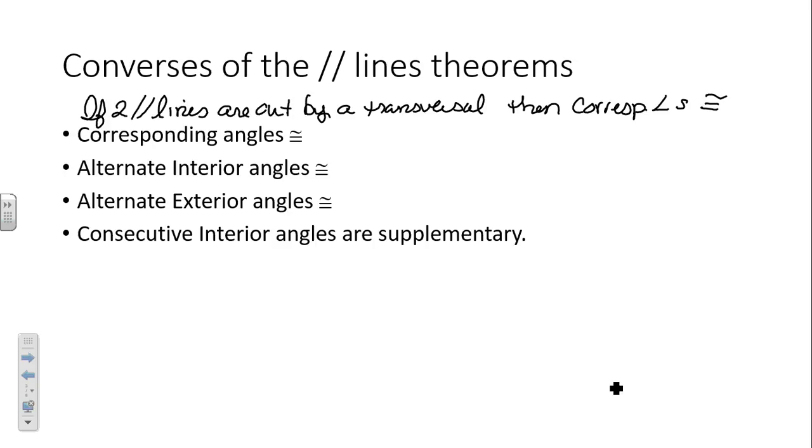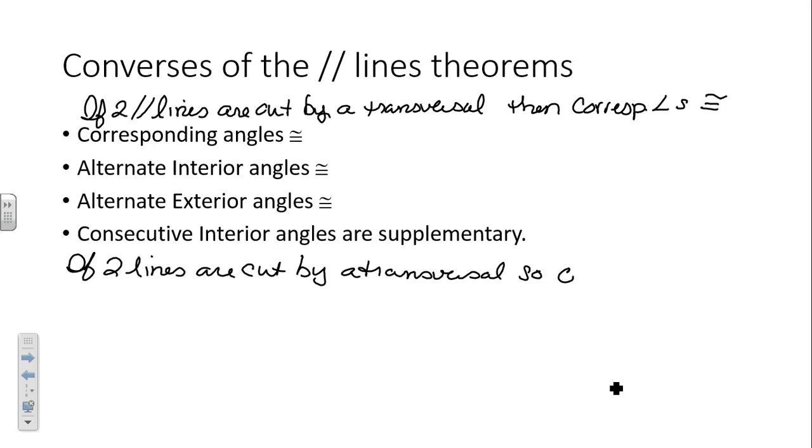So we add a few words, and our theorems that you have written down in the back of your sheet should say: if two lines are cut by a transversal, so corresponding angles are equal, then the lines are parallel.